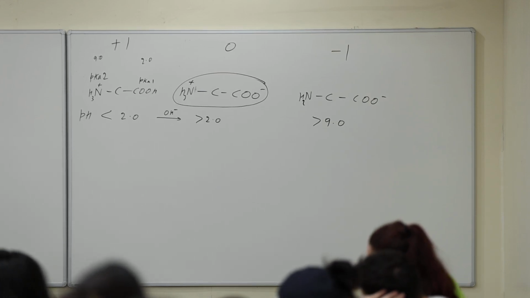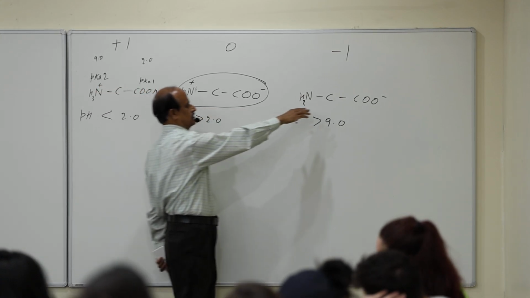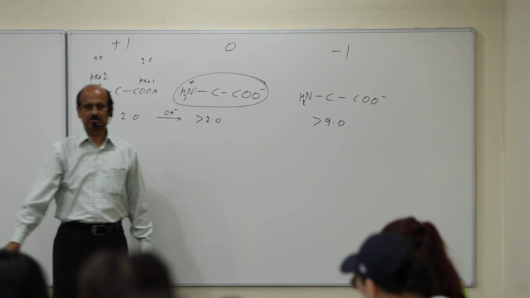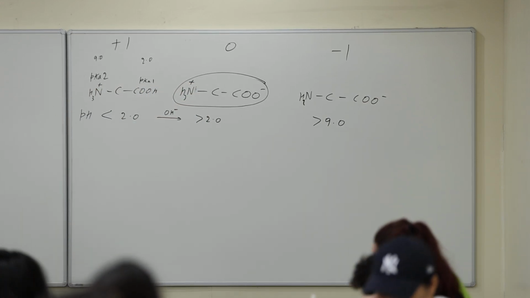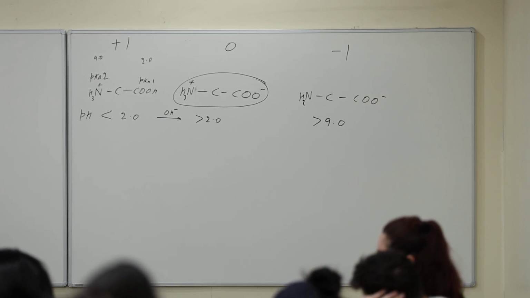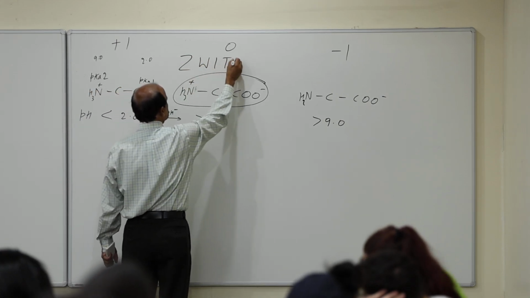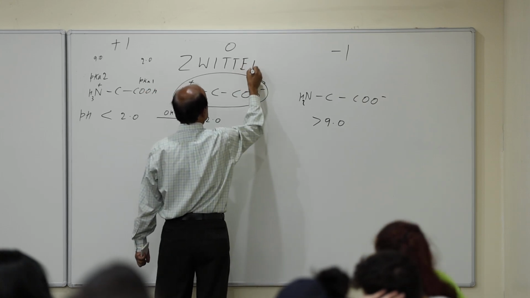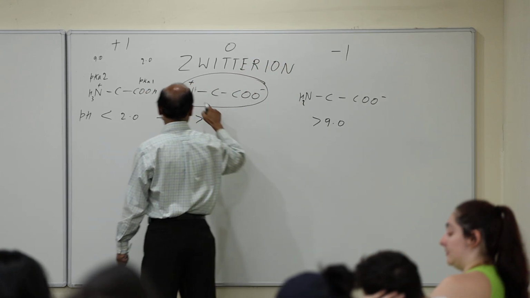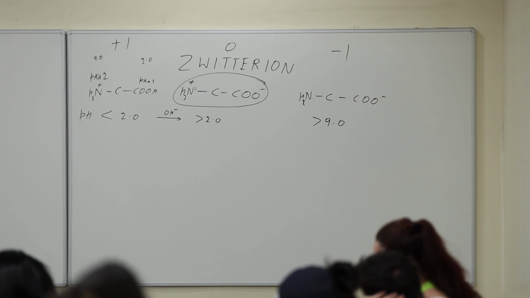If you are at a lower pH, then this will move towards the negative electrode, this species moves towards the positive electrode, this one doesn't move in either direction because it is equally charged. So any species that has 0 net charge is called a Zwitter ion. So Zwitter ion means all the molecules have a 0 charge. And so it doesn't move towards either electrode.